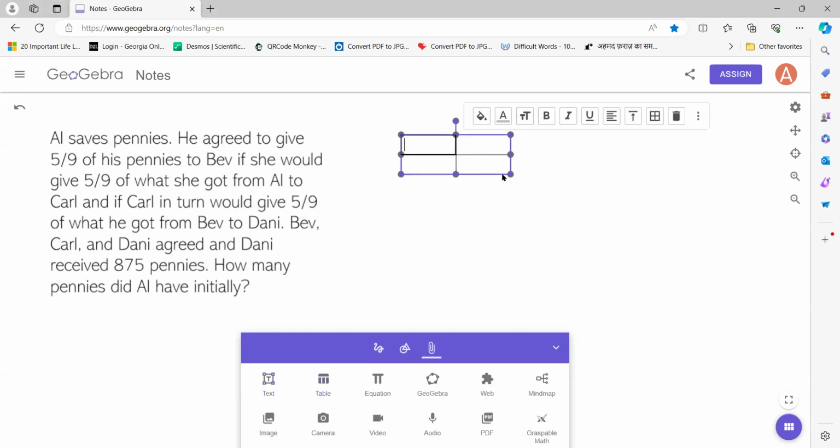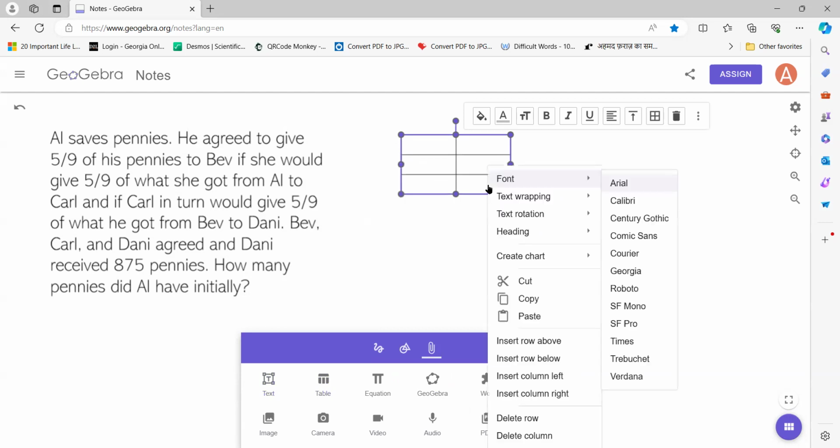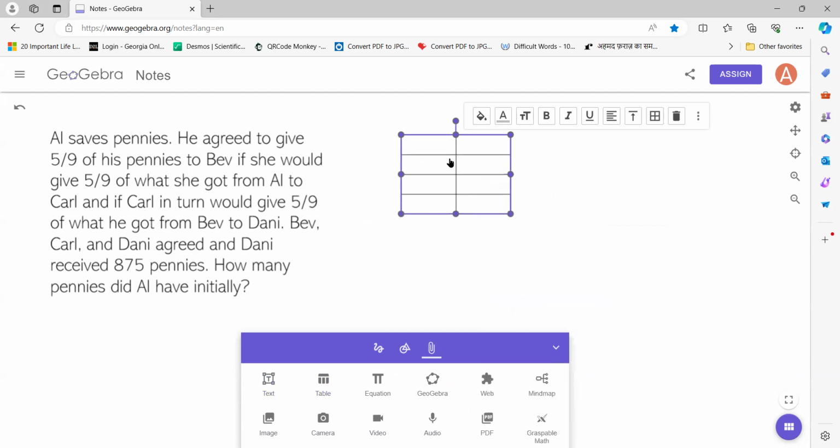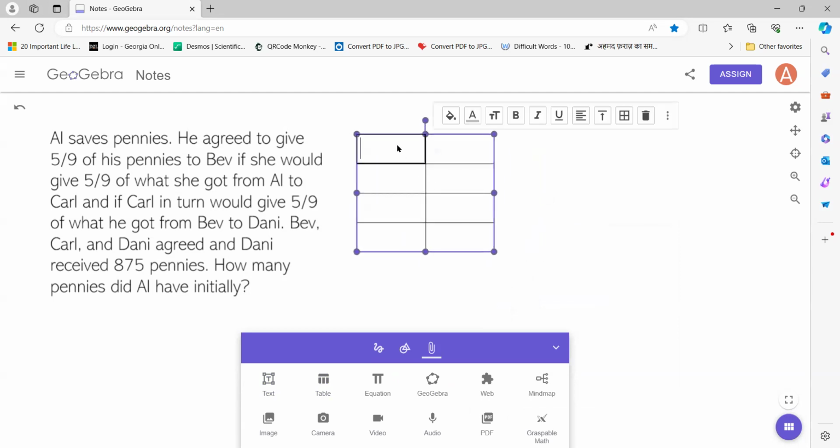I'm going to make a table first. So here, I'm looking for Al's number.